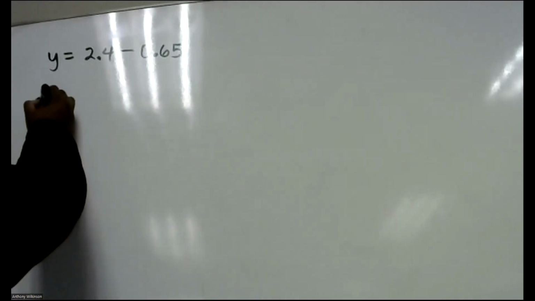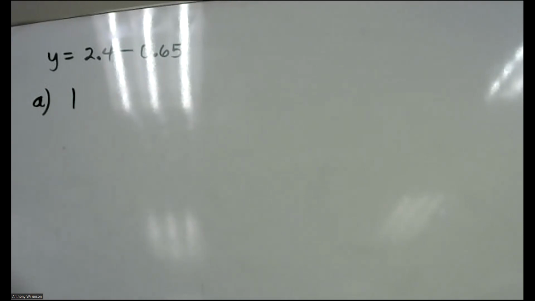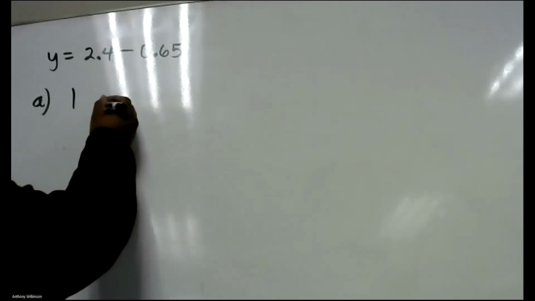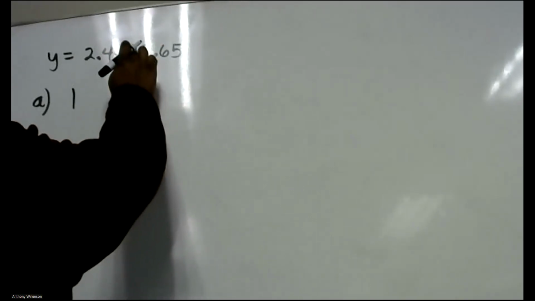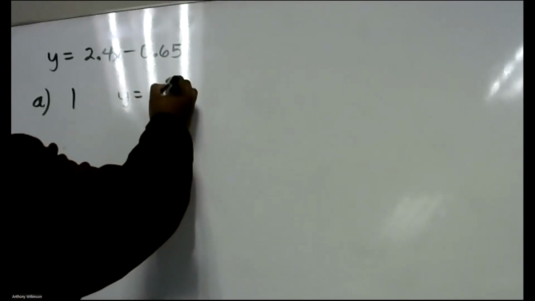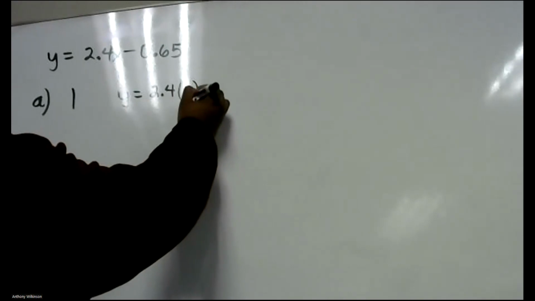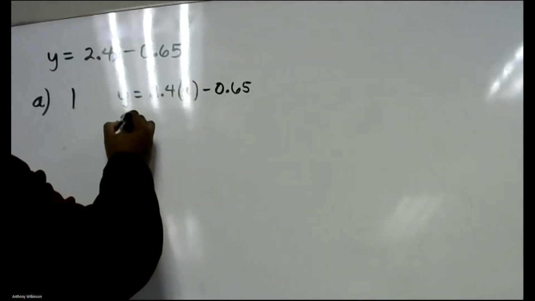So now for part A, x is going to be equal to 1. So we want to find that y value that we would expect to obtain. So y is equal to 2.4x, and then x, we replace that with 1, minus 0.65.